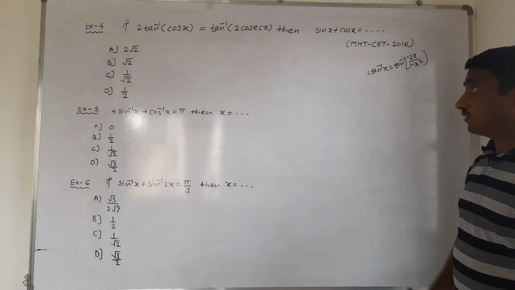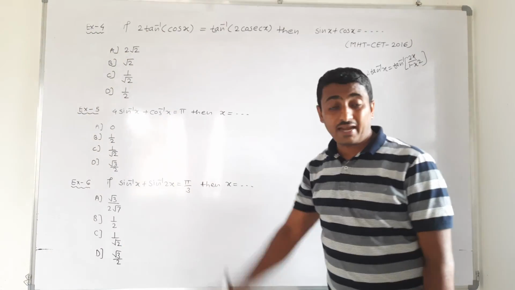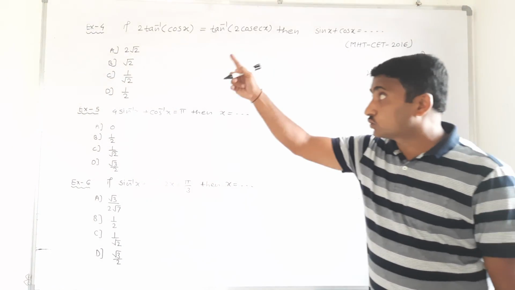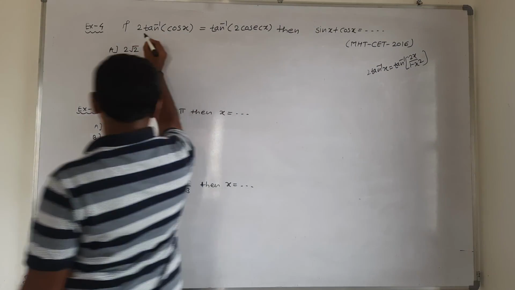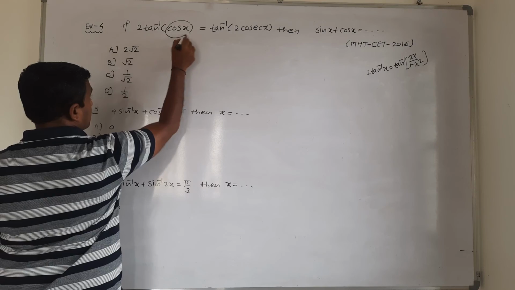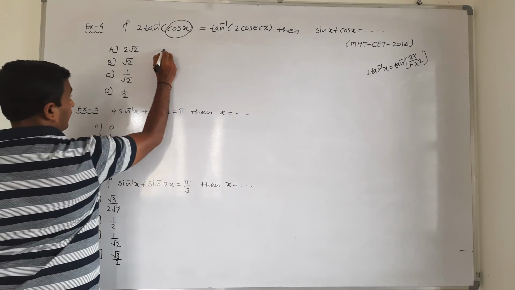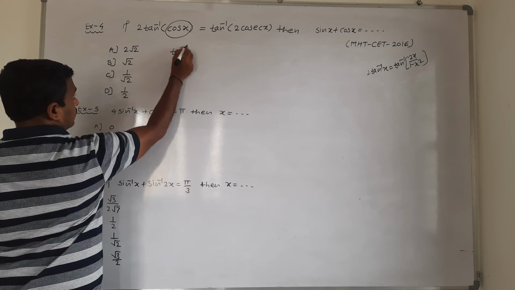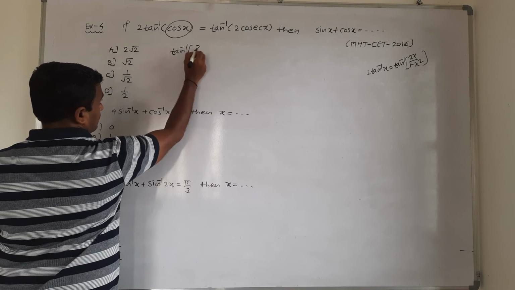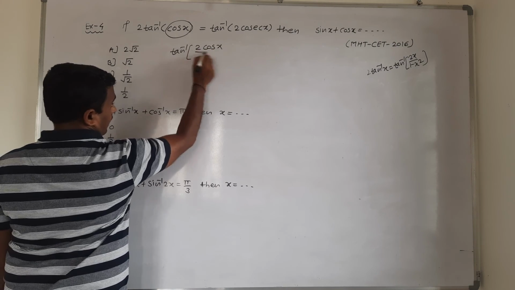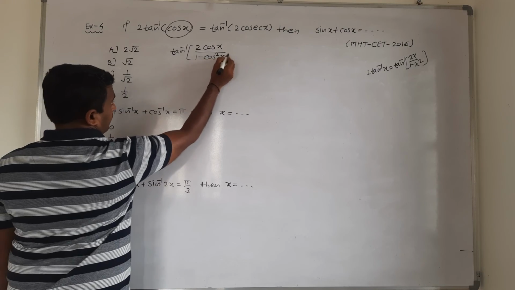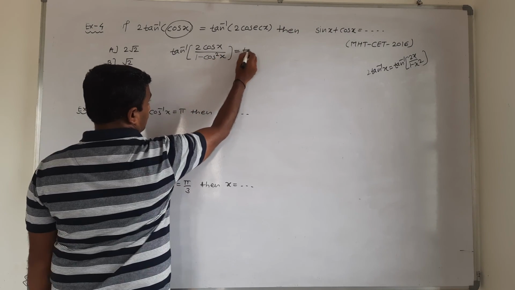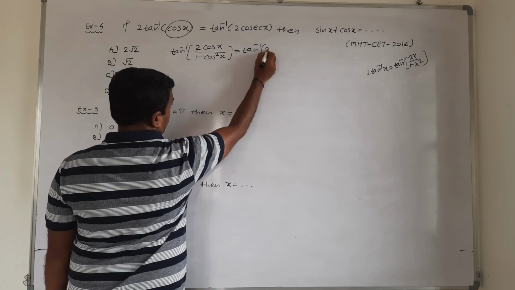We can write the RHS as tan inverse, therefore we write it in terms of tan inverse again, but there is a 2, therefore we use this formula, 2 times tan inverse. I write 2 times this with cos x as x, therefore tan inverse 2 cos x upon 1 minus cos square x is equal to tan inverse 2 cosec x.